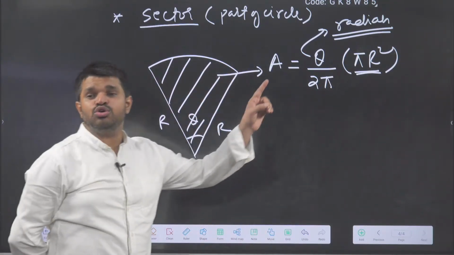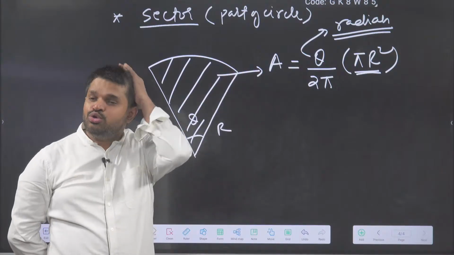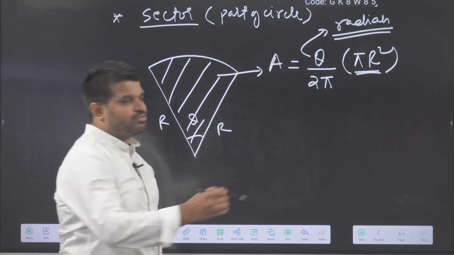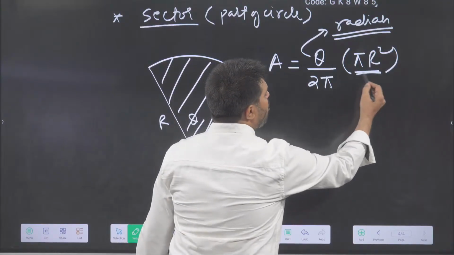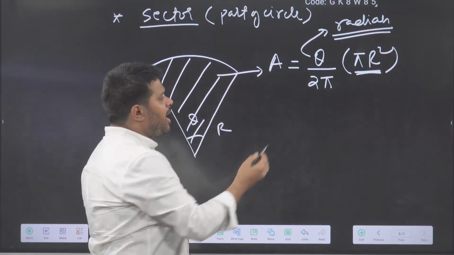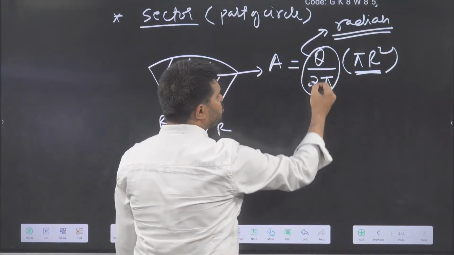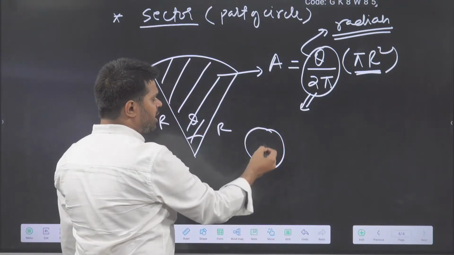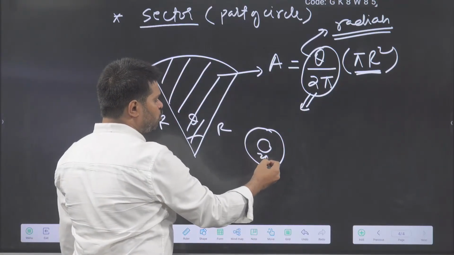Now you should not just know the formula, you should also understand the logic of this formula. Pi r squared is the area of the full circle, and I am multiplying it with theta by 2 pi. In a full circle, the angle is 2 pi.